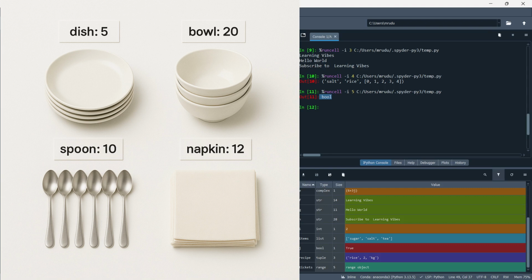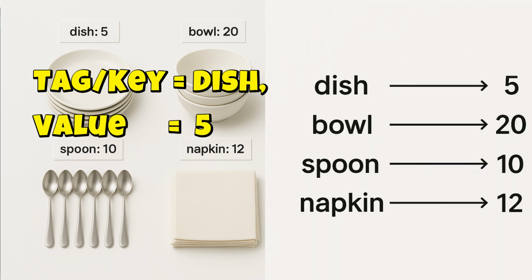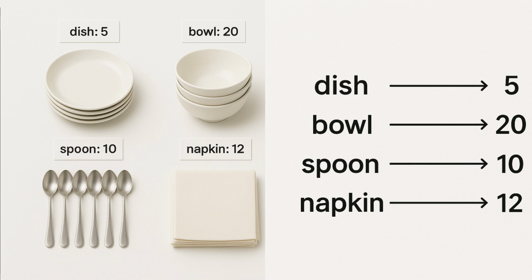So here dish is a tag, and how many dishes? 5. That is the data which is linked with that tag or key. So you understood this. Here bowl is the key and the value inside that bowl is 20. That indicates that we require 20 bowls, right?